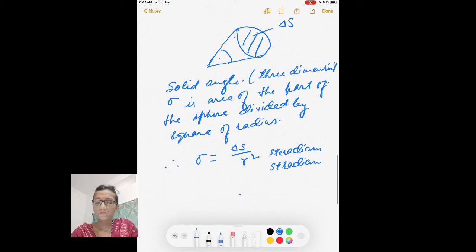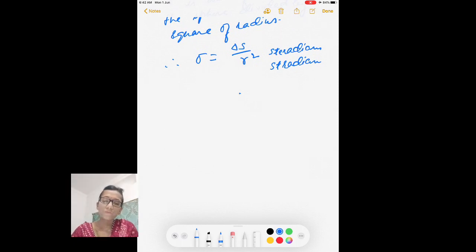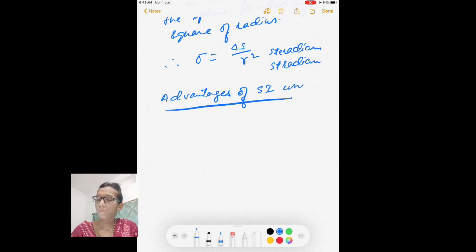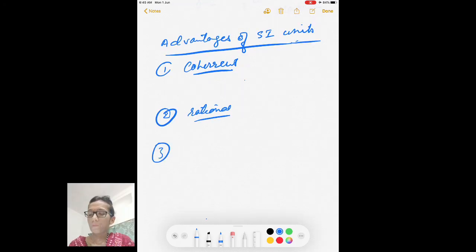So now the next topic is advantages of using SI units. This system of units is coherent.